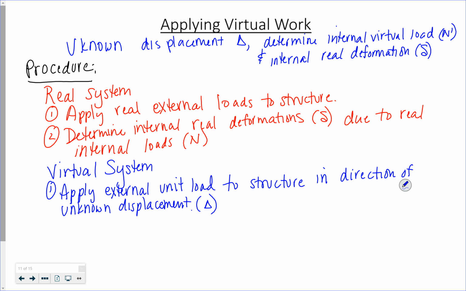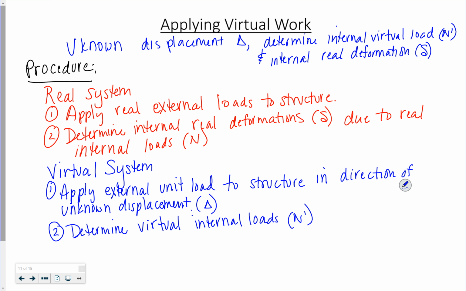and determine my virtual internal loads N prime due to that unit load. I'm going to do that throughout the structure.